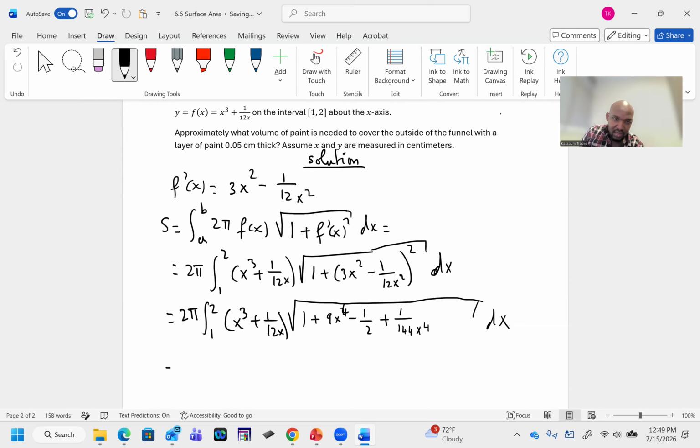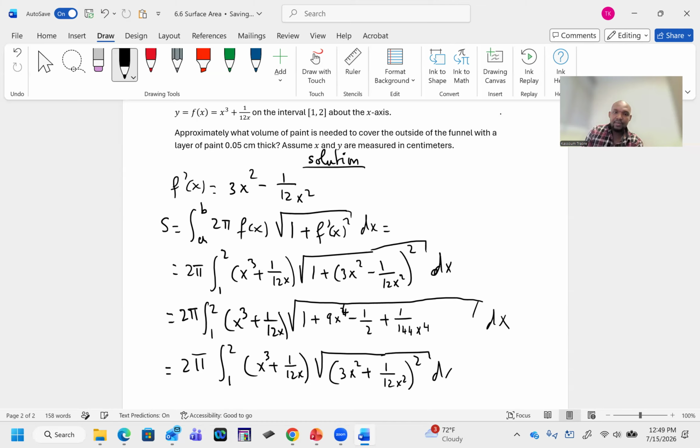So basically, by knowing my algebra, this integral would be x cubed plus 1 over 12x times the square root of 3x squared plus 1 divided by 12x squared, to the square, dx, okay?